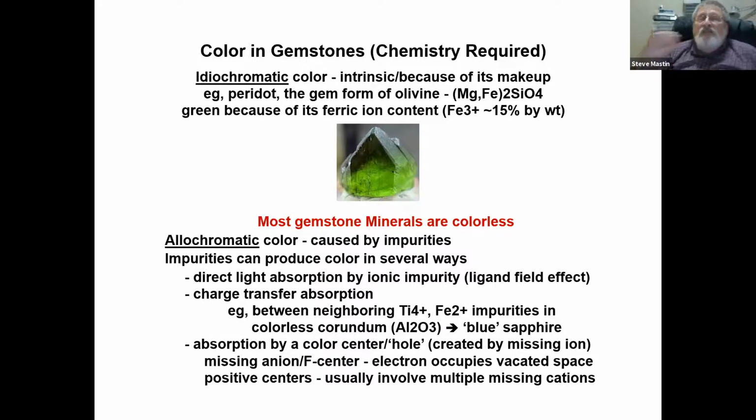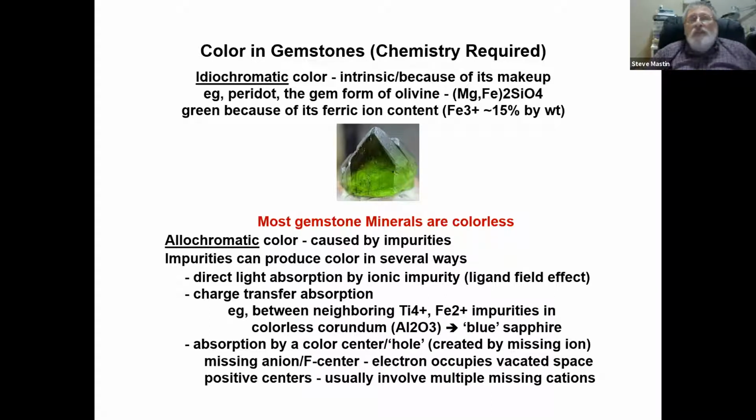So there's 15% by weight of iron. And at that point, it grows crystals that are transparent. And those crystals are green because of a really high iron in the +3 oxidation state as part of its composition.